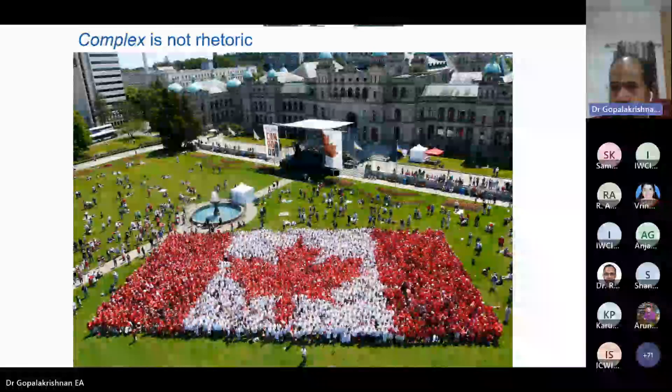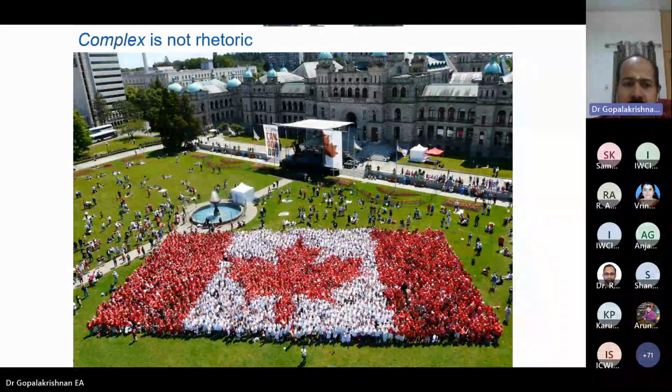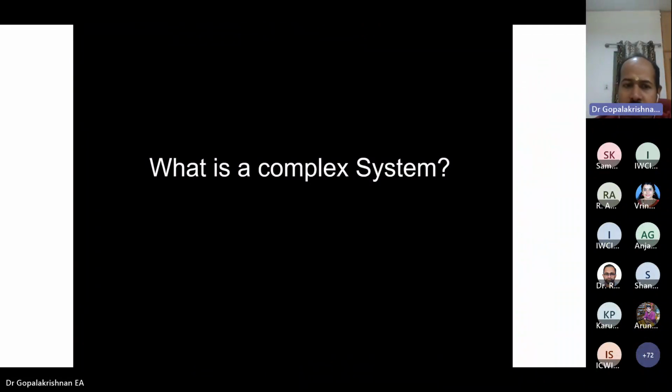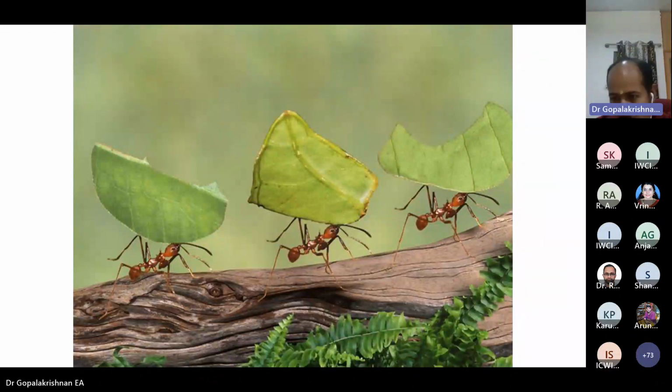That is a very rudimentary definition of a complex system. A more proper definition is to follow, but this is just to motivate you. I wanted to emphasize that complex here does not mean complicated, but is used in this particular sense. Now, what are some examples? Take an ant hill.